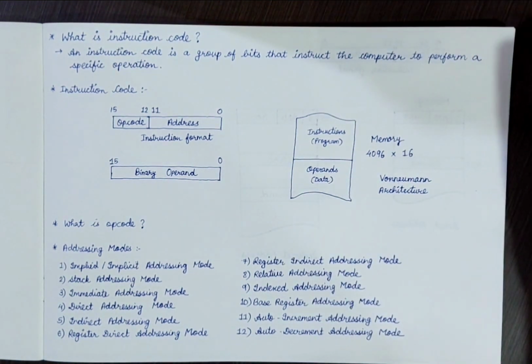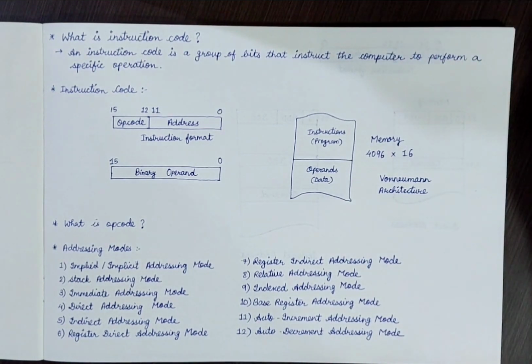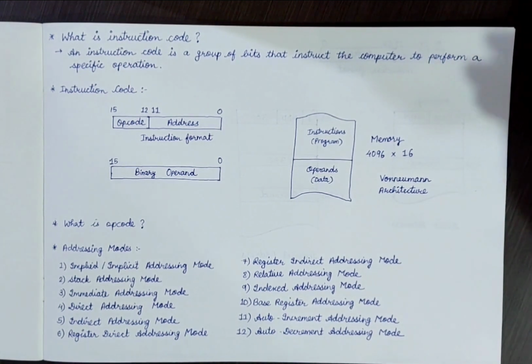For example, the programmer writes the program. And first of all, what is a program? A program is a set of instructions which contains the operands, operations, and the sequence in which instructions should be executed.